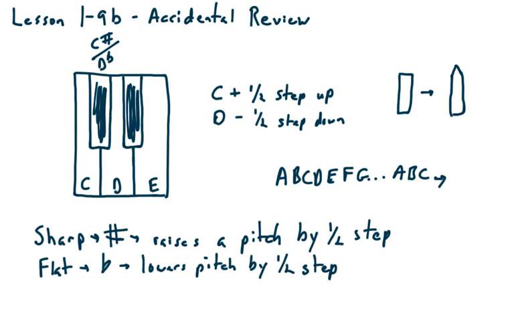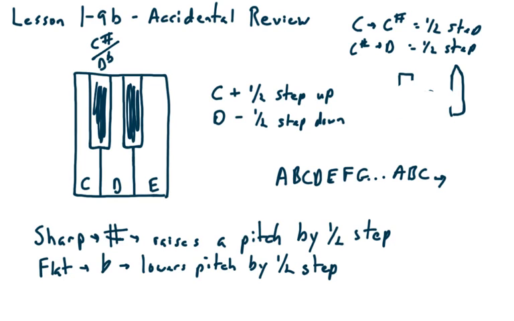Now, that means if C to C sharp is a half step, and C sharp to D is also a half step, then C to D equals one step.